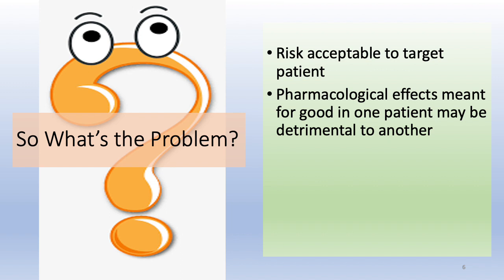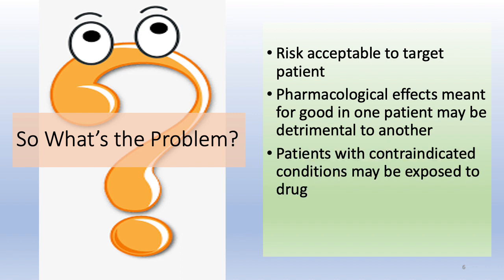So just because a drug is good for one person doesn't necessarily mean that it is good for another patient. There could be a drug, bring me to the third item, which is acceptable for females to take if they're not pregnant. But then that same drug could actually be contraindicated in patients who are pregnant, as well as other conditions.